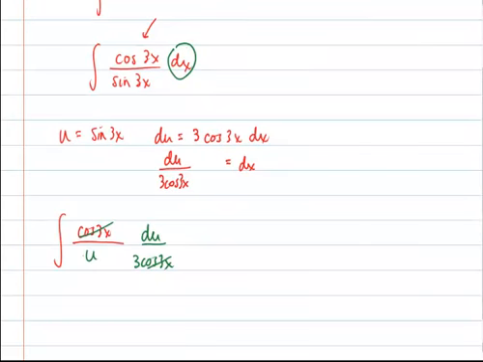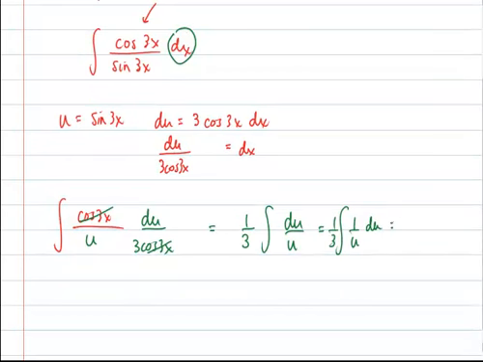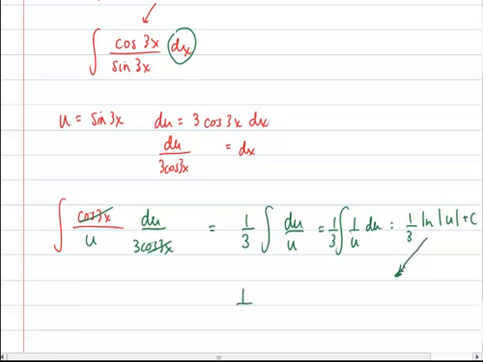And we have a nice easy integral: bring the 1/3 out in front, the integral of du over u, which could also be written as the integral of 1 over u du. It depends on how you write it, but it's the same answer, and it will be 1/3 the natural log of u plus a constant.